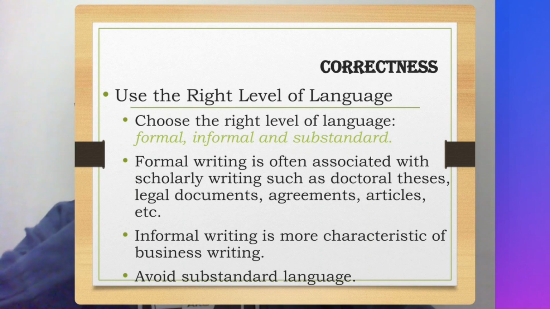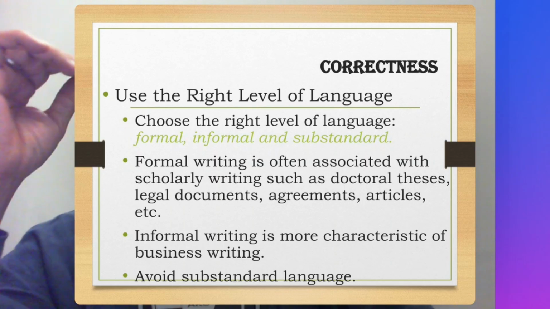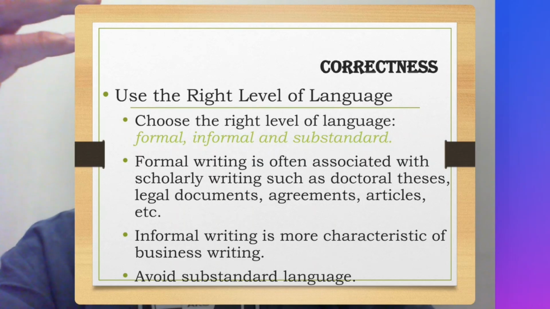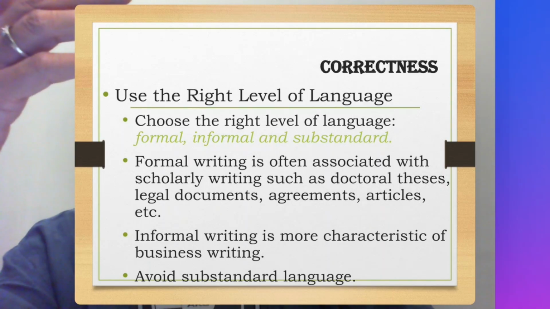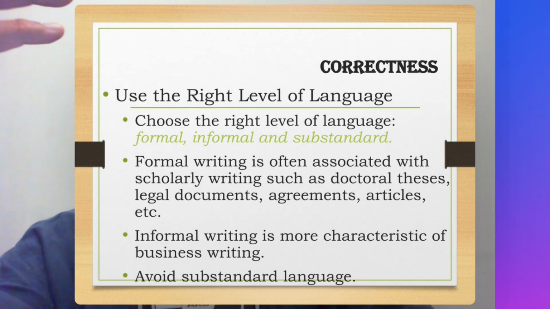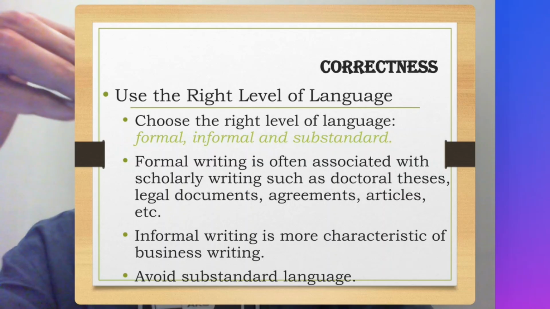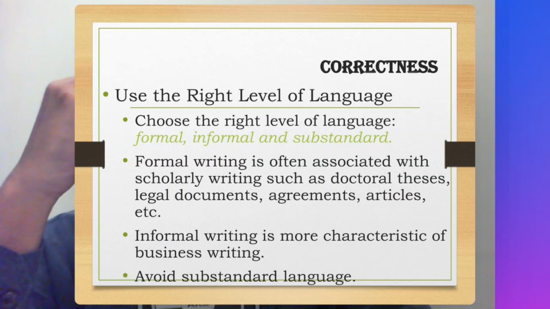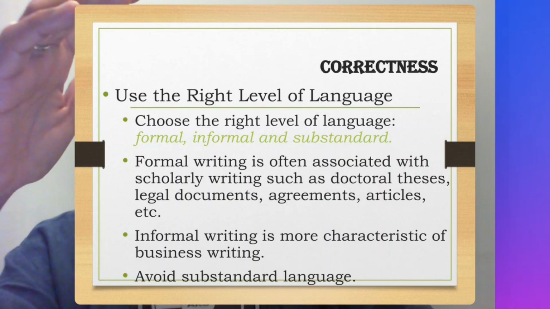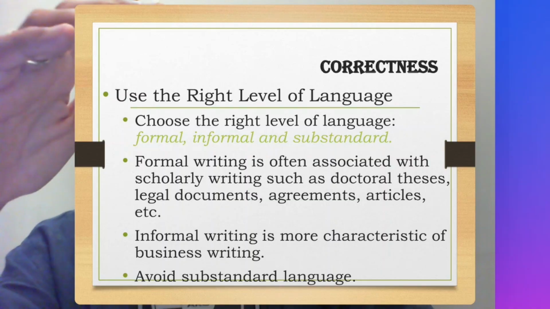Most of the time, if the documents that you are creating are formal, such as agreements, legal documents, articles, doctoral thesis, these are all very formal documents. Now, the format of these documents, the language of these documents, all that is quite rigid. So, you have to follow those.